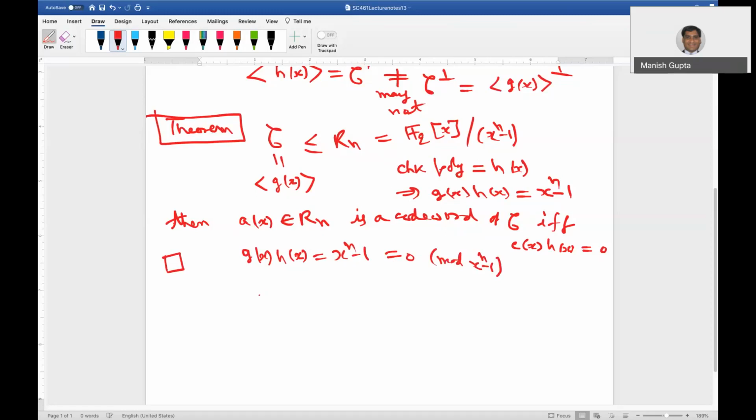So if we take an arbitrary polynomial c(x) in C, this implies that c(x) can be written as a(x) into g(x) for some a(x) in Rn.